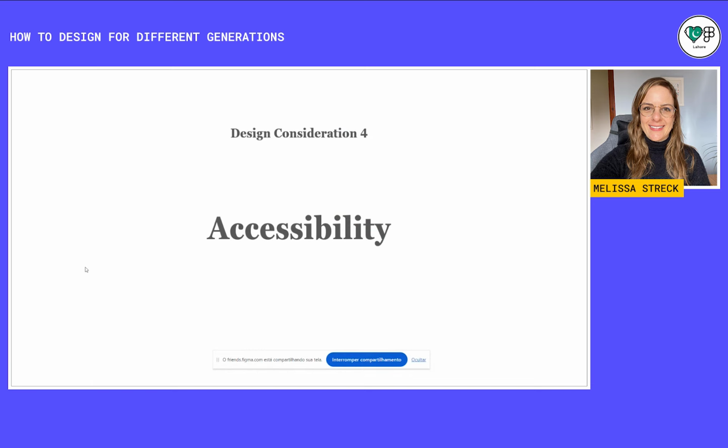So then the fourth and last consideration, that dialogues with everything, the persona, the universal design, and the natural user interface, is accessibility. This is something that we have to always consider when we design for all generation groups.